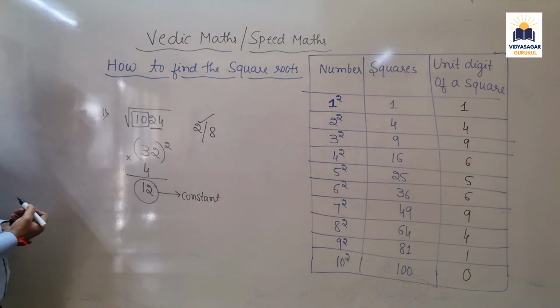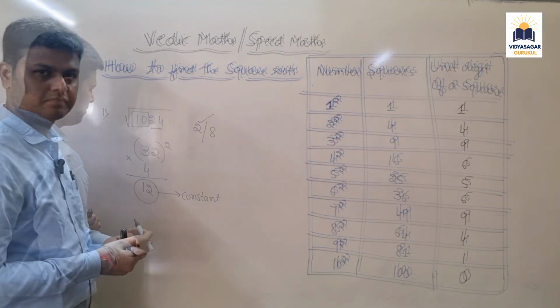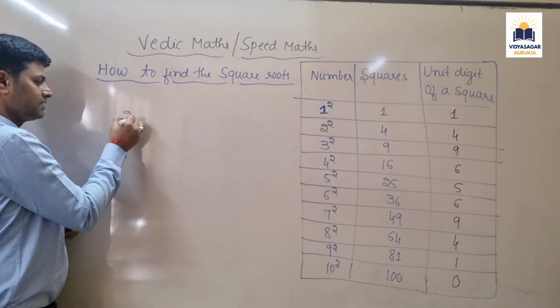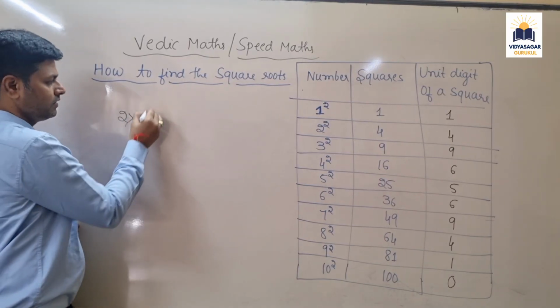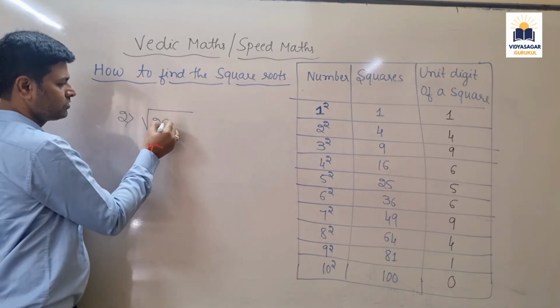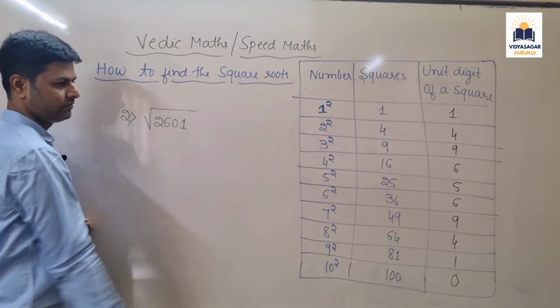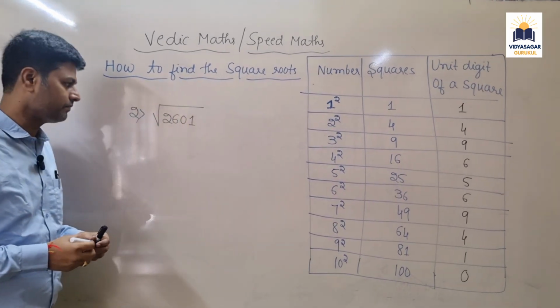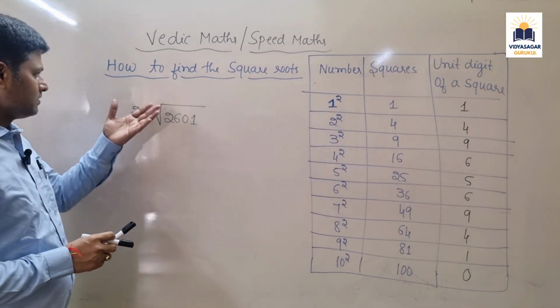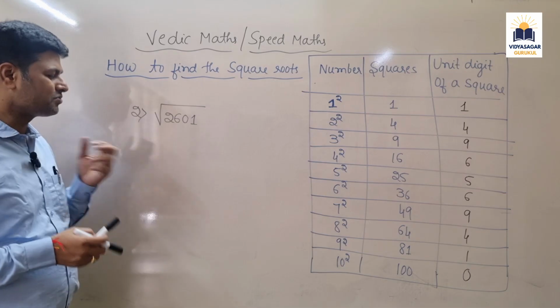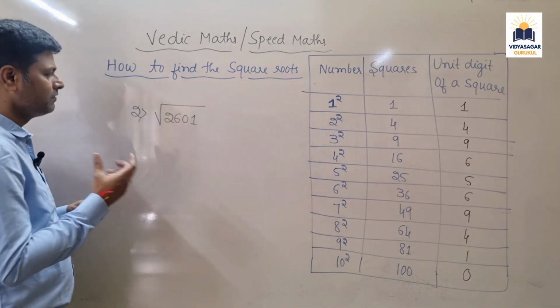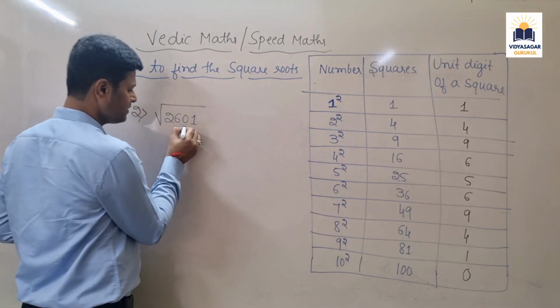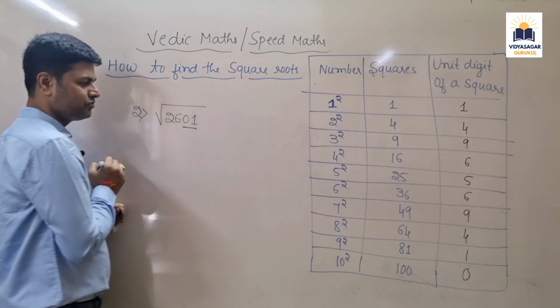Okay, I'll go through one more example. Second example: square root of 2601. Square means power is 2, so always consider the last 2 digits.